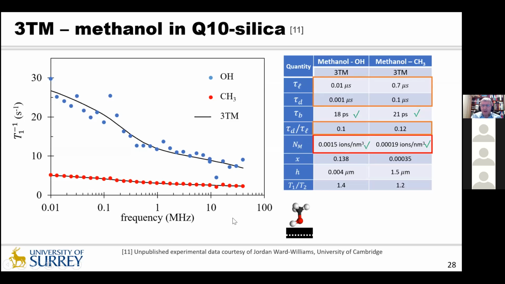I'm thinking that we have a situation in here where the 3 tau model is not the most suitable model for this system. It is my belief that tau L almost doesn't exist, that there's very, very little surface diffusion of these molecules on the surface.